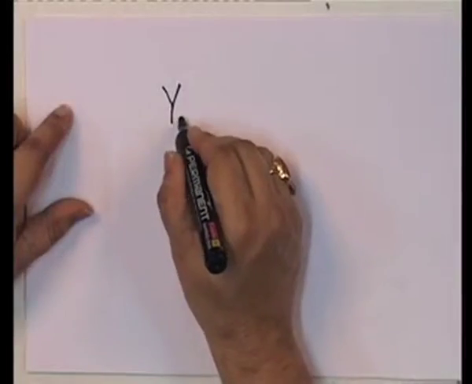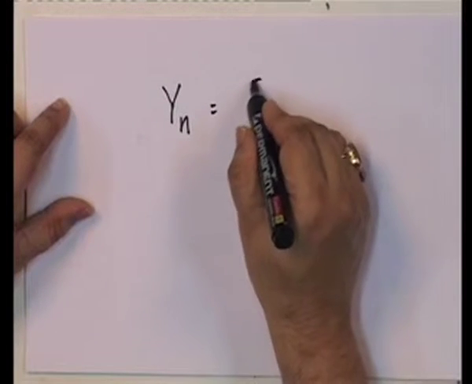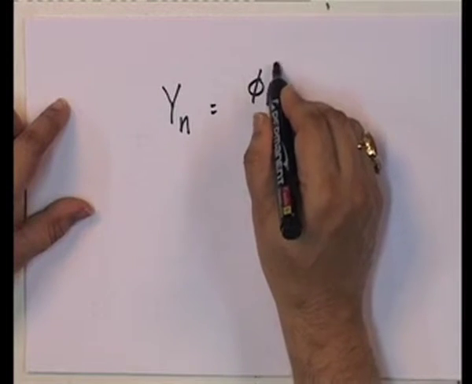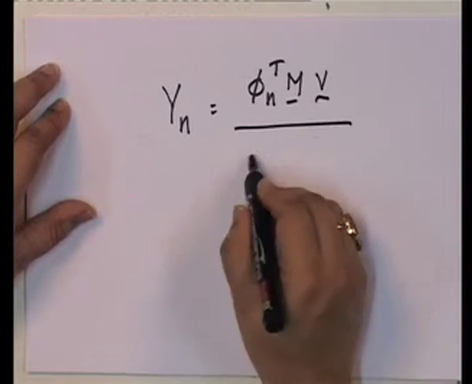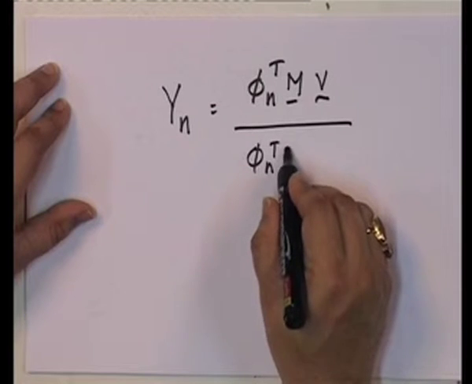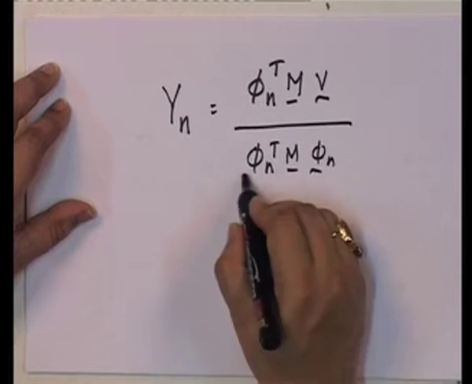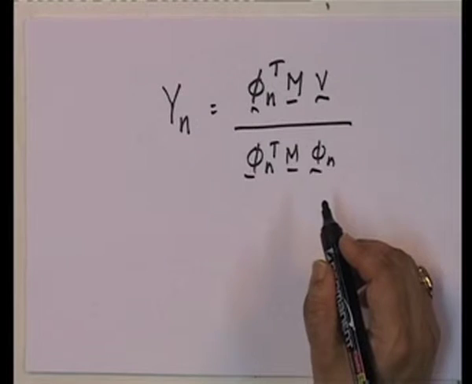Okay. Now, how do I find out y given v? Well, we have also done that. We saw that using the orthogonality condition, y n, I am just repeating something that I have already derived, is equal to phi n transpose m v upon phi n transpose m phi n. Okay.